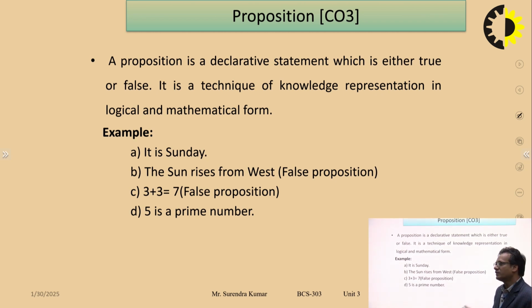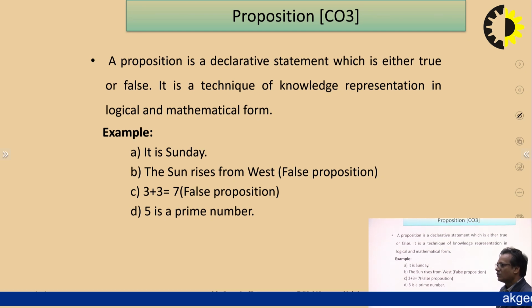Whatever information we share with others is called our knowledge, and this knowledge has to be represented in a logical and mathematical manner. For example, the statement, it is a Sunday. Again it's knowledge and we represent it in the English language.